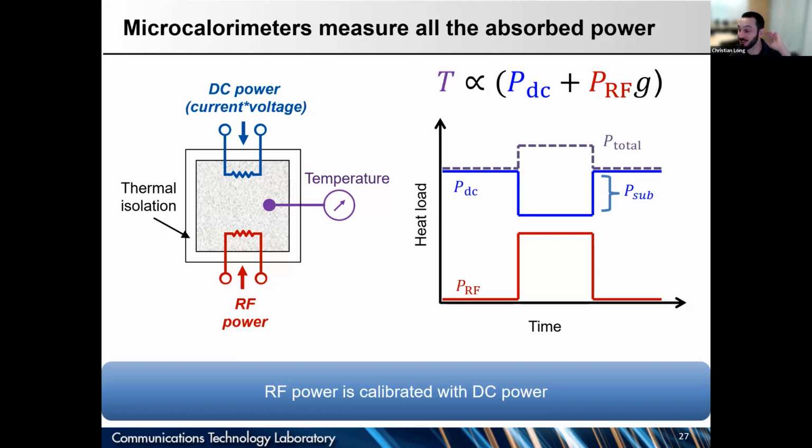And of course, there's yet another correction factor because no measurement system is perfect. But the correction factor for a microcalorimeter is typically more stable than the corrections for a power sensor. And typically it's a smaller correction. And typically there's people working very hard to estimate that correction.